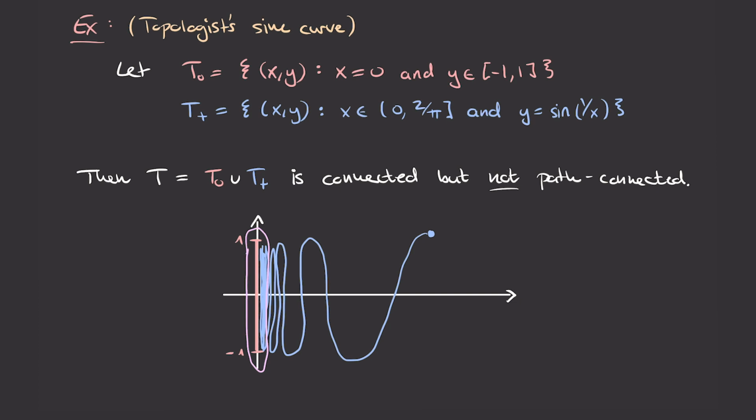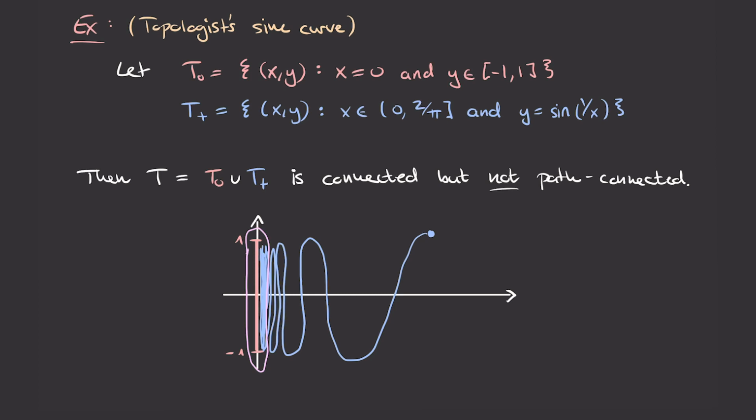So this means that one of the disconnecting sets has to be an open set which contains this set T0. But now, because this is an open set in the subspace topology, it's the intersection of some open set in the plane with the space T. Now, open sets in the plane have the property that if you take any point within them, there exists a small open ball lying completely within the open set.